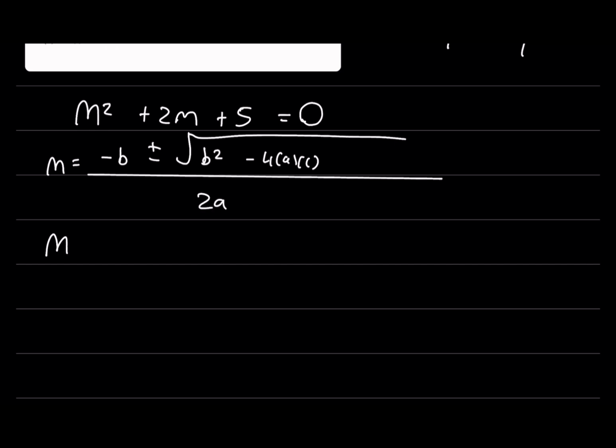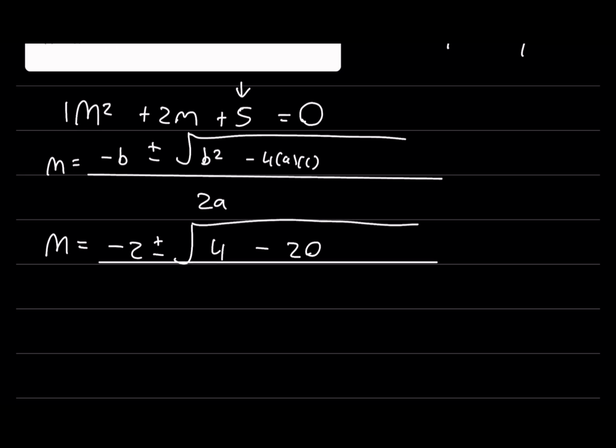So we see that the b value here is 2, so m is equal to minus 2 plus or minus the square root of 4 minus 20. a is 1, b is 2 and c is 5, all over 2 times 1, which is 2.